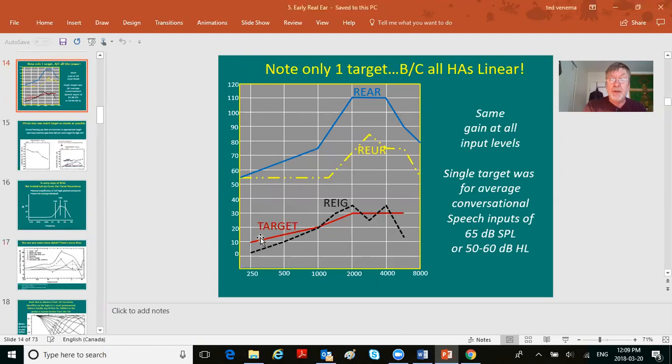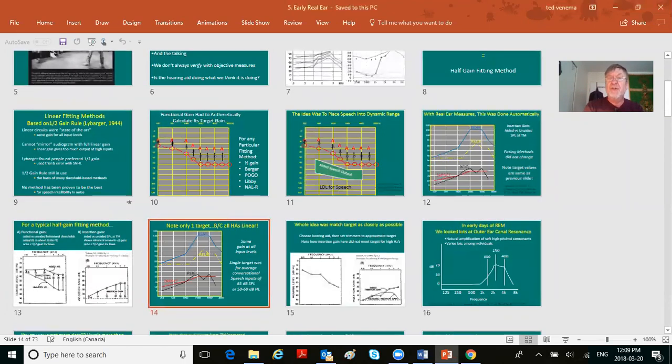So Burger would probably go up, up, up at 2,000, it would probably rise. The Burger would probably be where my cursor is here. And at 3, and then down at 4, it would be like the red line again. You can instantly see and compare the fitting methods. That's the beauty of doing real ear as well. It's a real educational tool.